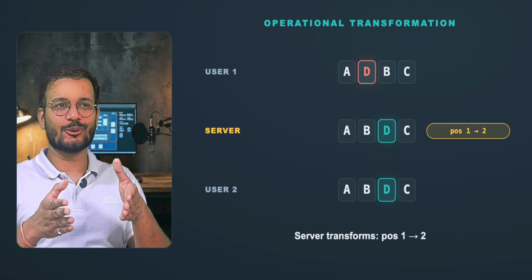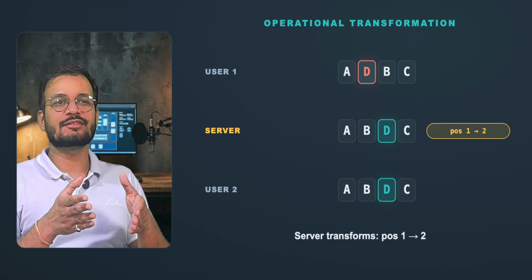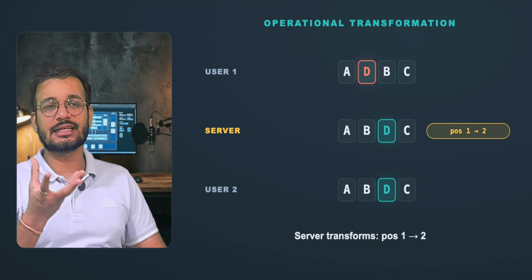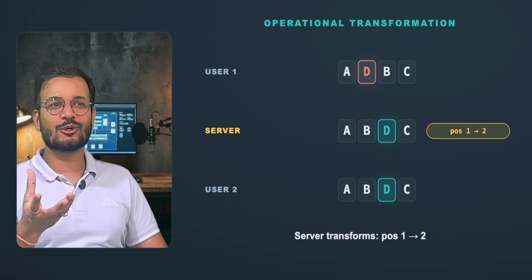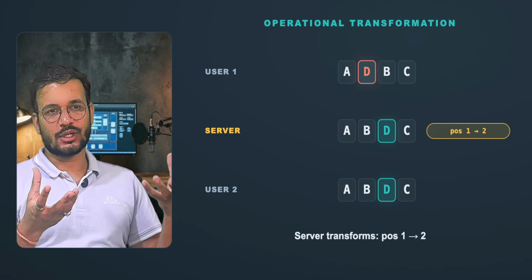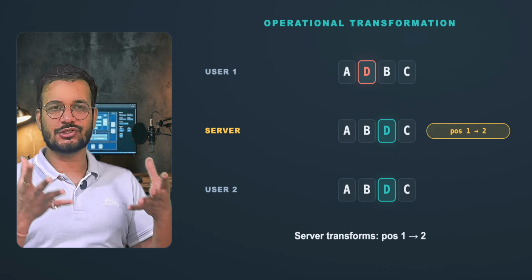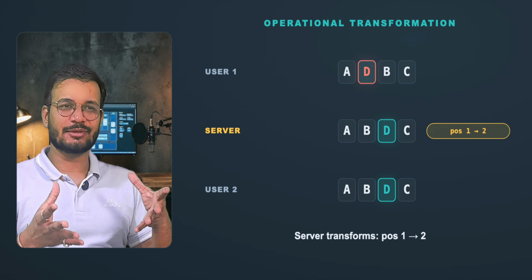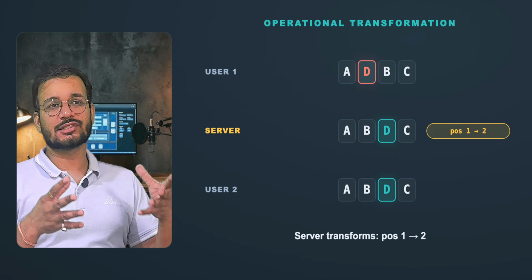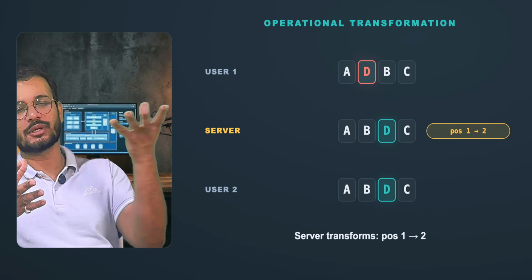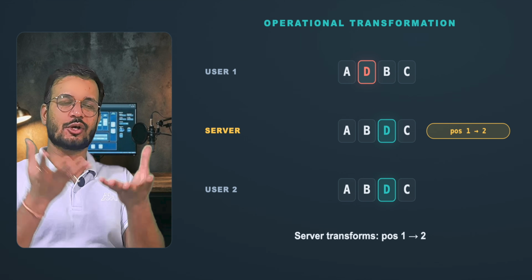Now here is how OT fixes it. When the server receives user 2's operation, insert D at position 1, it knows it has applied user 1's operation, insert B at position 1, which happened at the same time and the same version. The server transforms user 2's operation against user 1's operation.